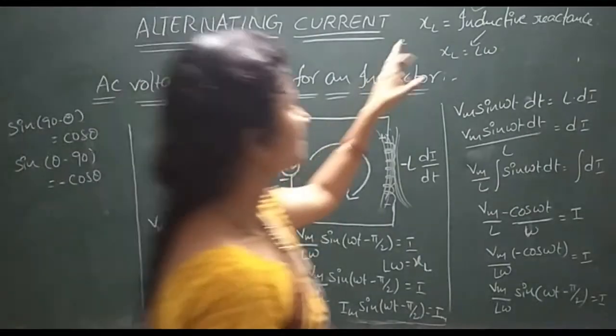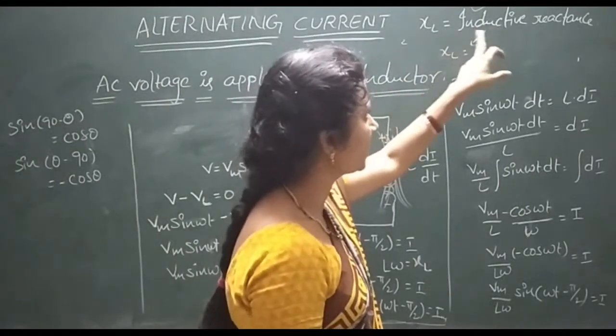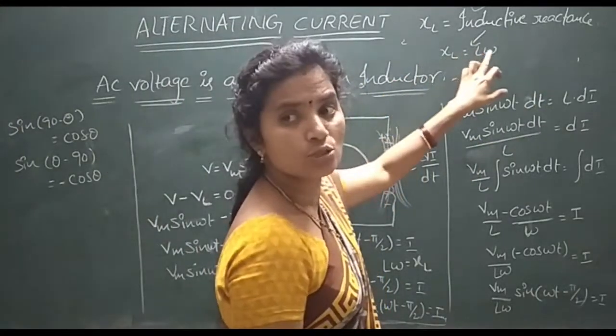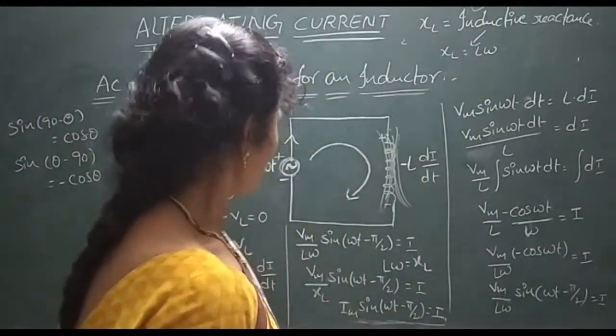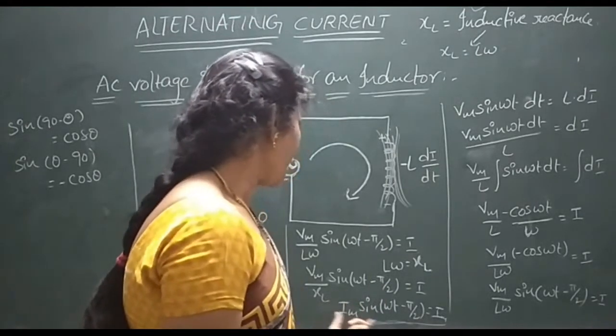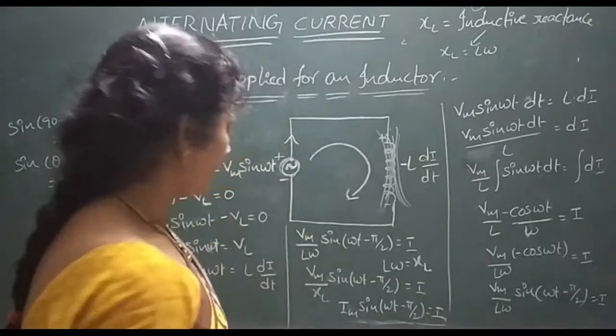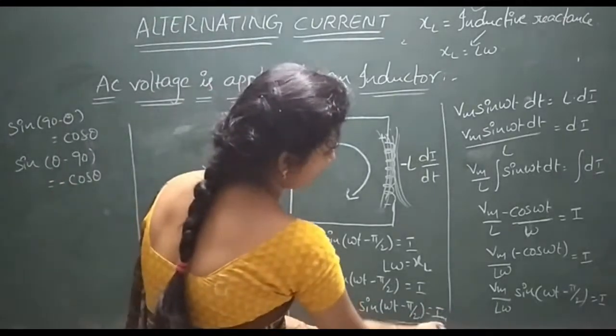So this is known as the resistance offered by the inductor, and that is known as inductive reactance. XL equals L omega. So here I equals Im sin of omega t minus pi by 2, where Im is the maximum current.